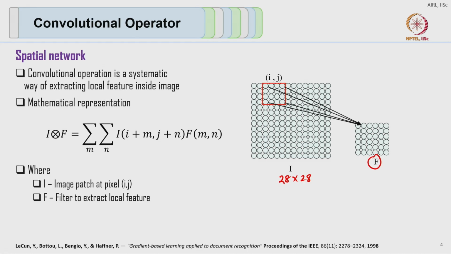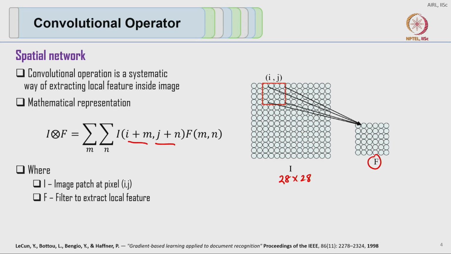Where should I start? How do I slide? If I say the convolution operation between I and f, it is nothing but summation over m, summation over n, of I, where capital I is the image, at I plus m comma j plus n, multiplied by f of m comma n. That extracts the local feature, which I can represent in a higher dimensional space.